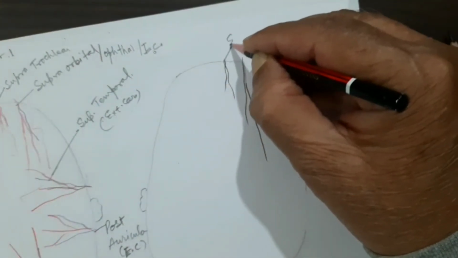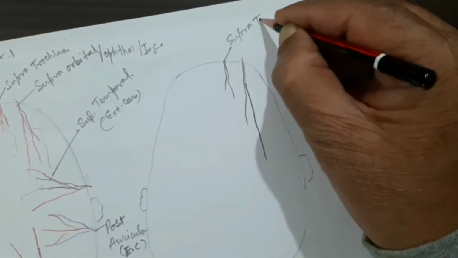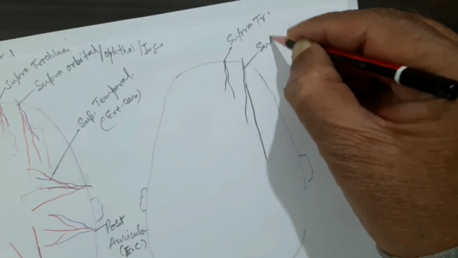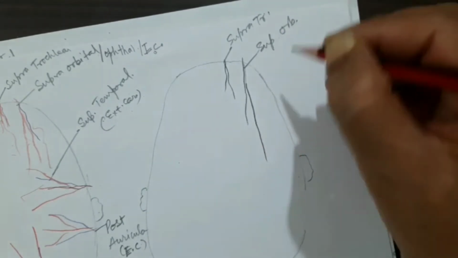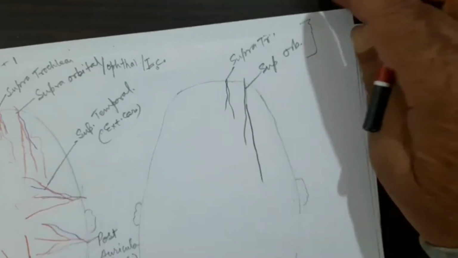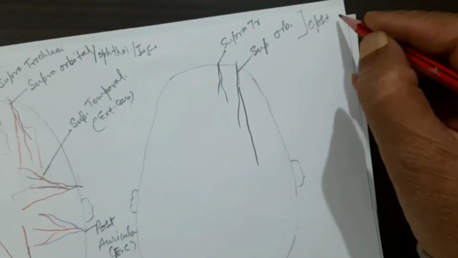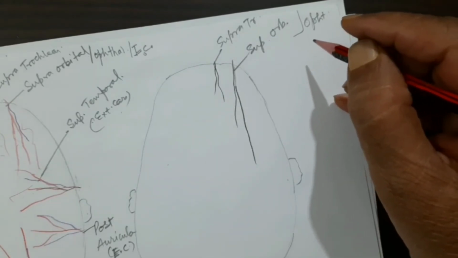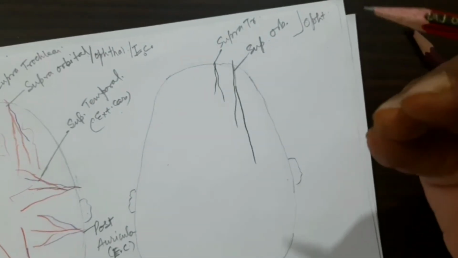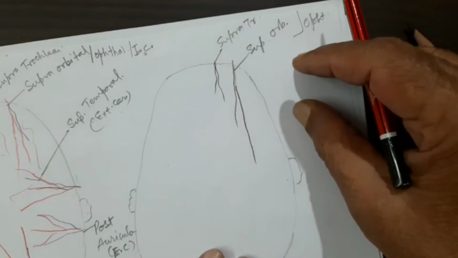They are again branches from the ophthalmic division of the trigeminal nerve. So this is the supratrochlear, and this is the supraorbital, and both are from the ophthalmic division of the trigeminal nerve, which has three divisions: ophthalmic, maxillary, and mandibular.